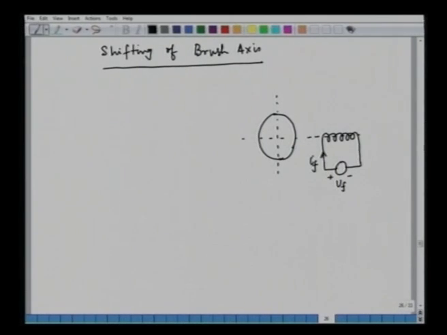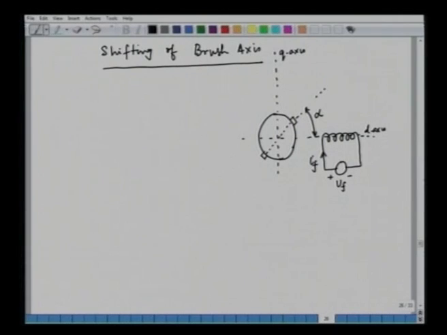This current is If, the field current, but the brushes are not in the magnetic neutral axis. That is not in the Q axis. This is the D axis, and this is the Q axis. The brushes are shifted and they are placed in this direction, and this angle is alpha. So, this is the situation that we have.